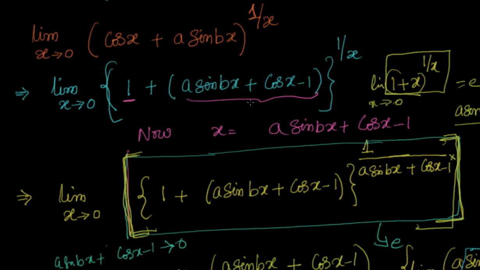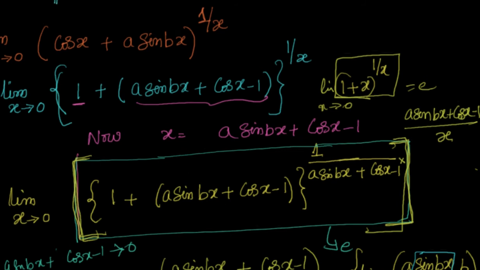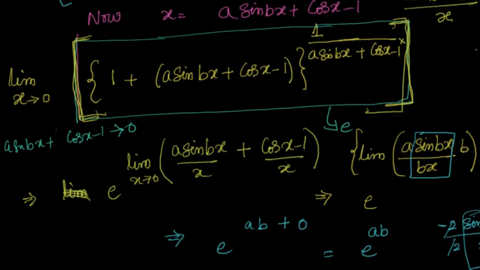If I added 1, the remaining expression I have should be my new x. If that is my new x, I should have to the power of 1 by that x again. But I don't have it. But I placed it so that I can convert that into e. When I have placed that, I should also nullify it by multiplying. When you divide, you should also multiply. Now what is left out is everything in the blue box will become e.